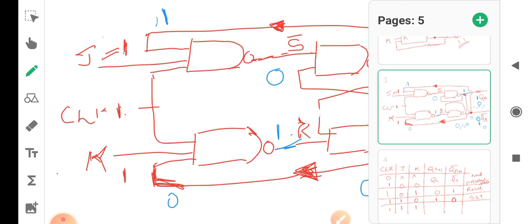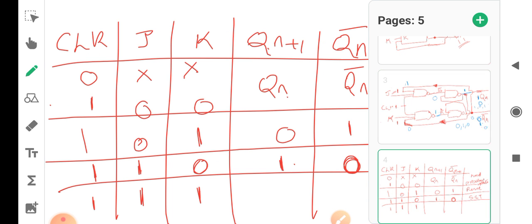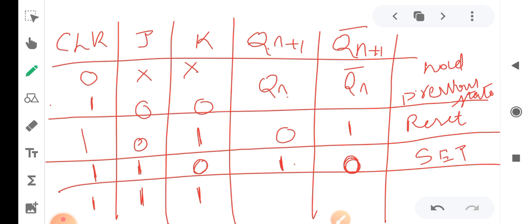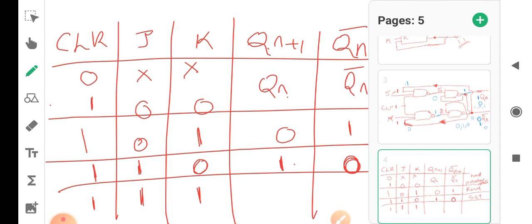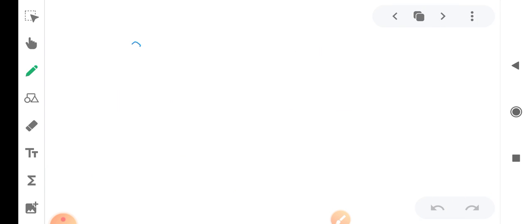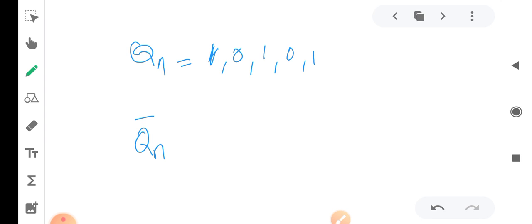If you give it further, the value will toggle, that is Q1 value and Q1 complement value will toggle. That is if you give 1, the next value will be 0, then it's 1, 0, 1, and so on. If you give it as 0, then it's 1, then 0, 1, 0, 1 like that.